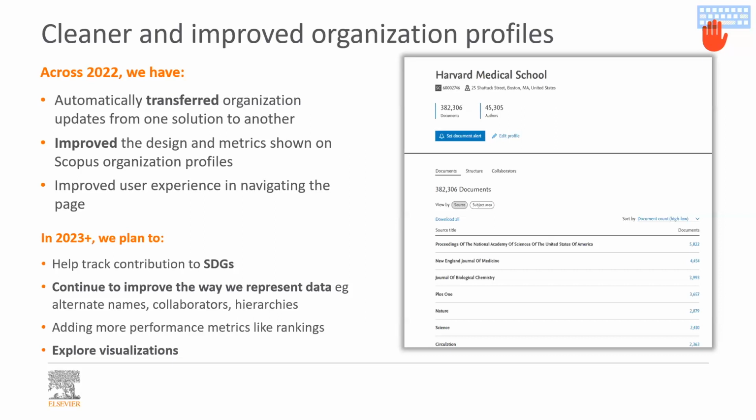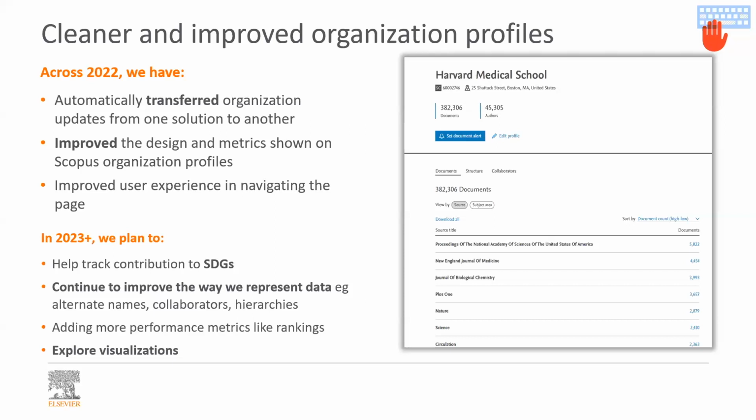Recently, we have given it a new look, and in order to make it cleaner and prioritize the data that we have heard from librarians and research officers they would like to see on this page, we have made sure that that data looks cleaner, it's more accurate, and it is prioritized on the page.